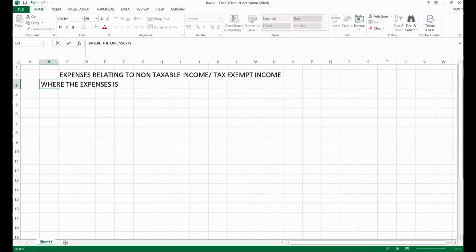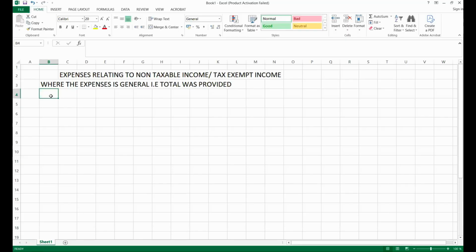So where the expenses are general, that is, the total expenses are provided, what we now need to do is separate the taxable from the non-taxable.